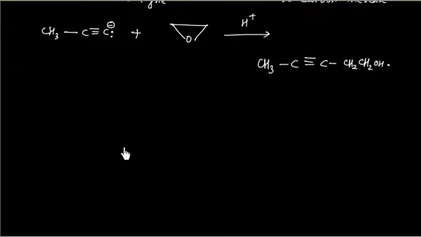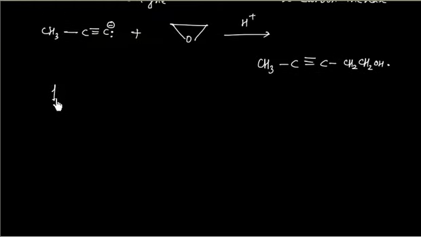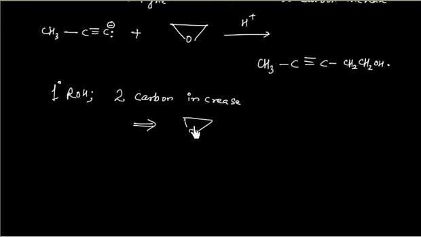So if you see what we have said in this lecture, whenever we have to prepare a 1 degree alcohol and there is an increase of 2 carbons, we will always use ethylene oxide, then further protonation.